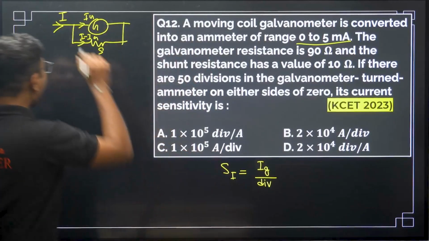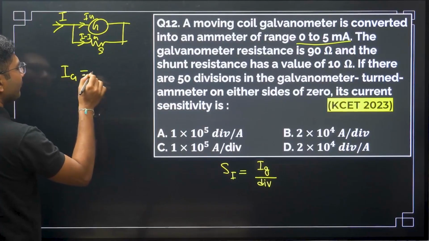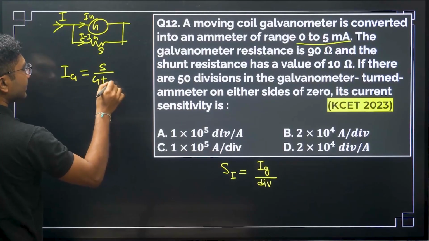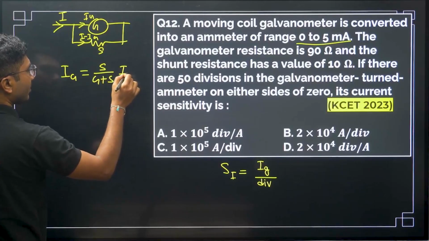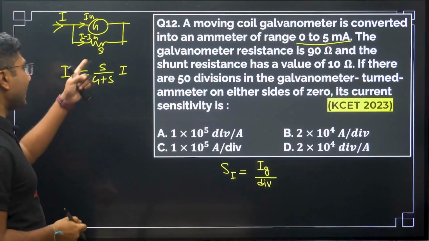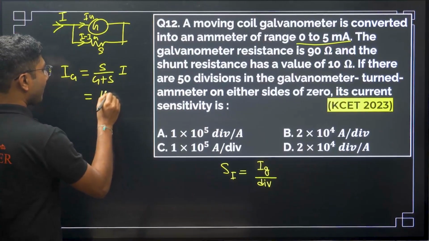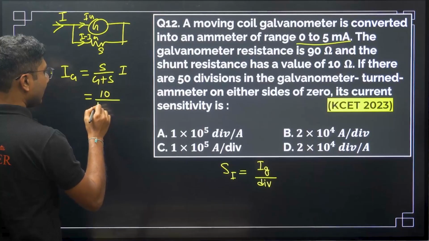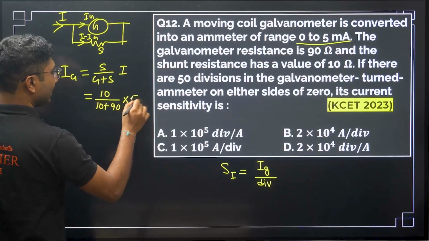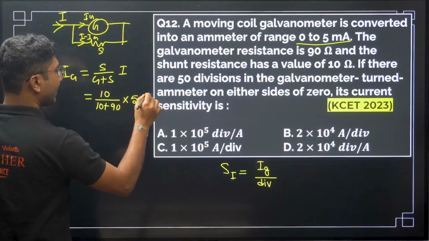If I is known, then we can calculate Ig using a simple formula: shunt divided by total resistance into I. So Ig is basically given by S by (G plus S) into I. What is S? S is 10 divided by (10 plus 90) into 5 milliampere. 5 milliampere means 5 into 10 to the power of minus 3.